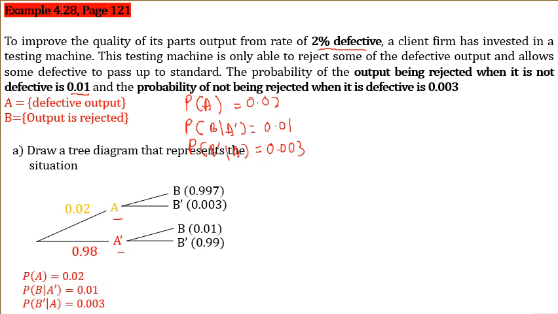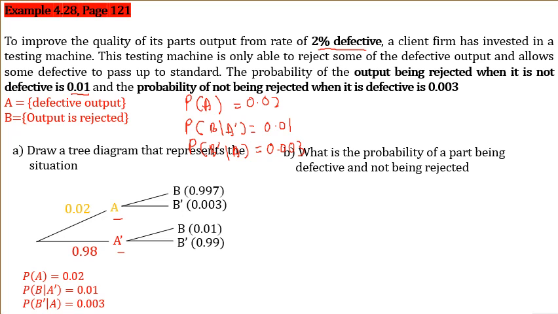And the second question, what is the probability of a part being defective and not being rejected? So understand the question.